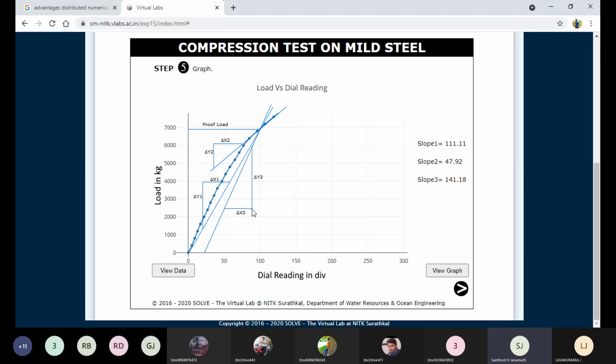Through this point we get the minimum strain value, through this point the maximum strain value, through this point the minimum stress, and through this point the maximum stress.